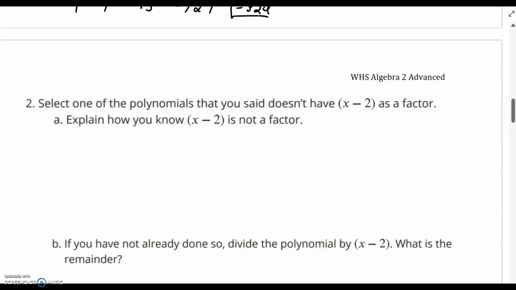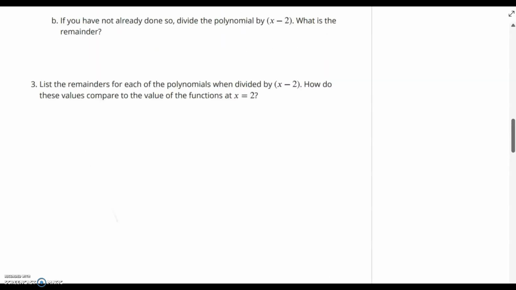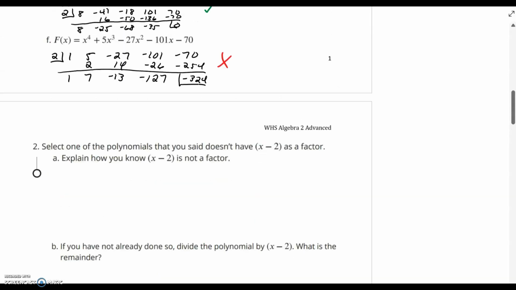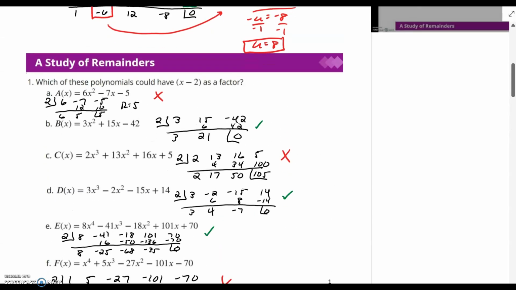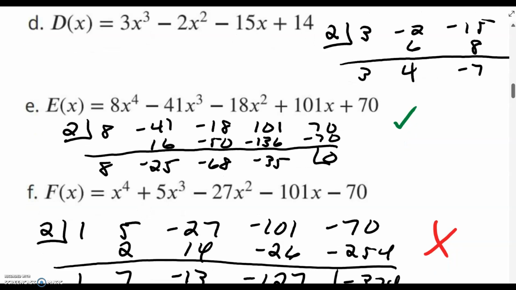Okay, number 2 says select one of the polynomials that we said does not have x minus 2 as a factor and explain how we know it's not a factor. Well, why don't we just go to the easiest one? And the easiest one is polynomial a of x. Notice, I know this is not a factor because the remainder was not 0. The remainder was, in fact, 5.